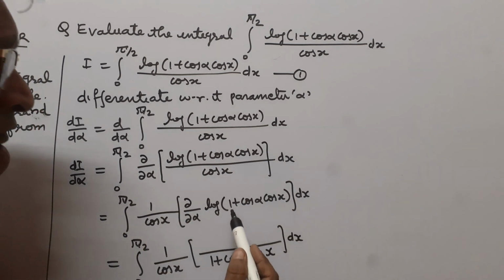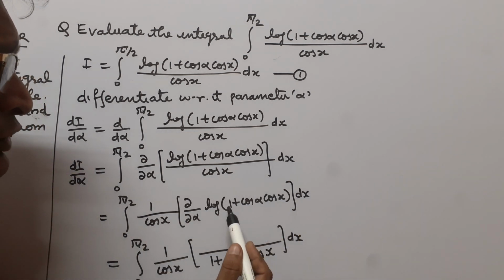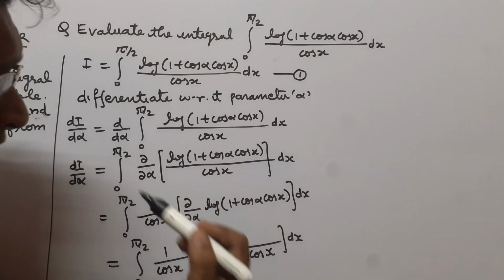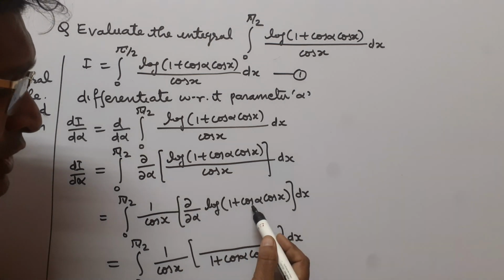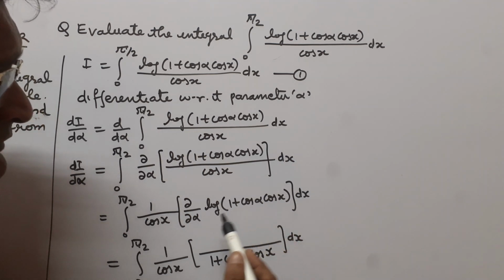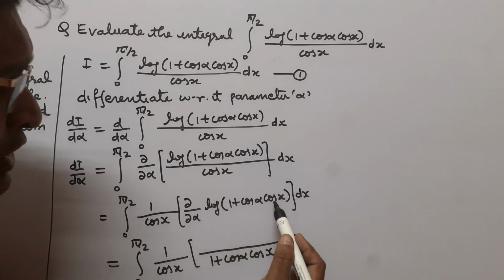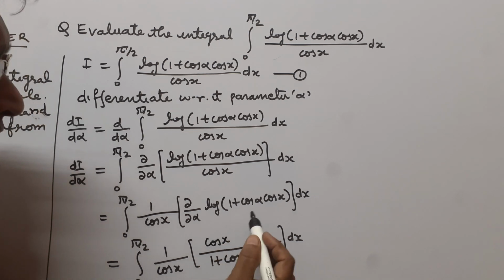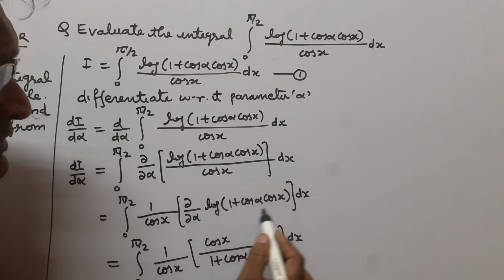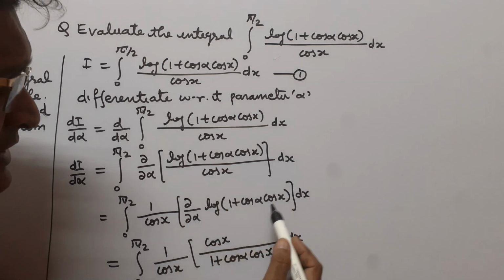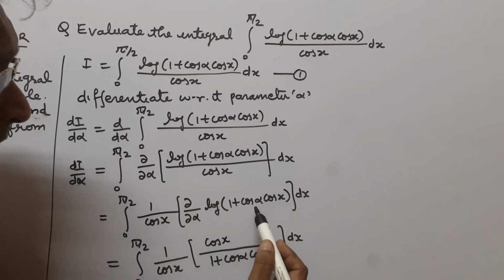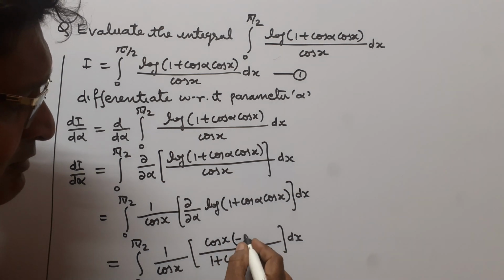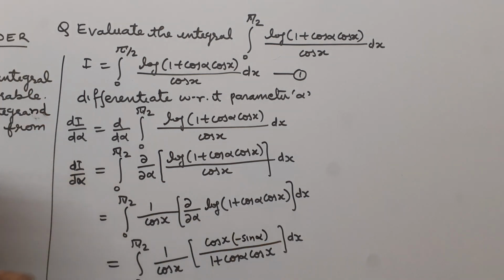Now we differentiate 1 plus cos alpha cos x. The differentiation of 1 with respect to alpha is 0 because it is constant. When we differentiate cos alpha multiplied by cos x with respect to alpha, cos x is constant because we differentiate partially with respect to alpha. And the differentiation of cos alpha with respect to alpha is minus sin alpha.